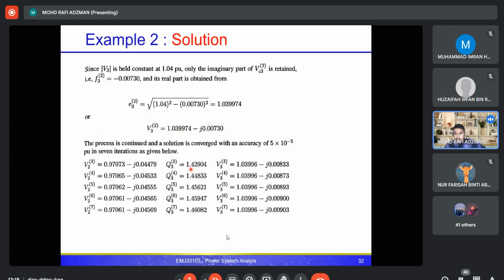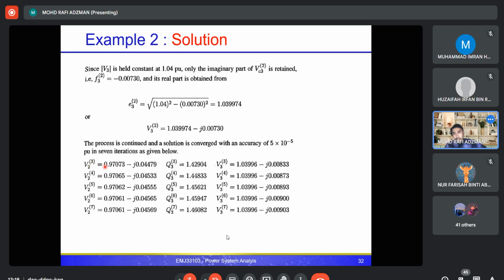So this step keeps on repeating, do the process until it converges with the accuracy of 5 times 10 minus 5. Okay, when it sees the difference between two values, for example V2, 6 and 7, it checks, it finds that the accuracy is 5 times 10 minus 5, then it will stop. Okay, so these five lines here are just examples, from third iteration to seventh iteration.